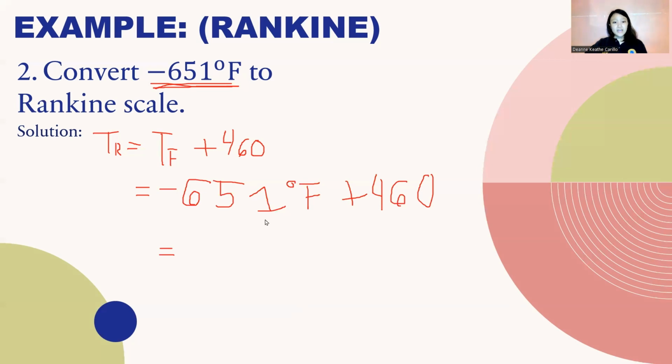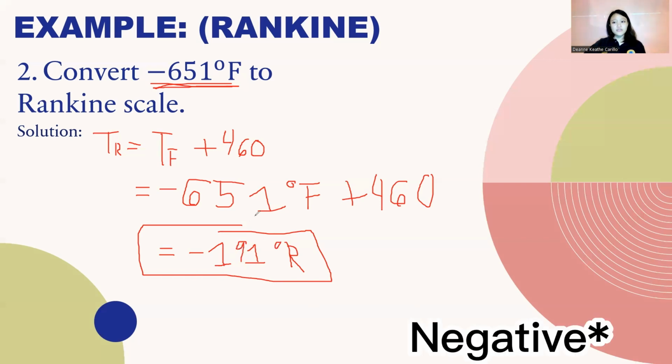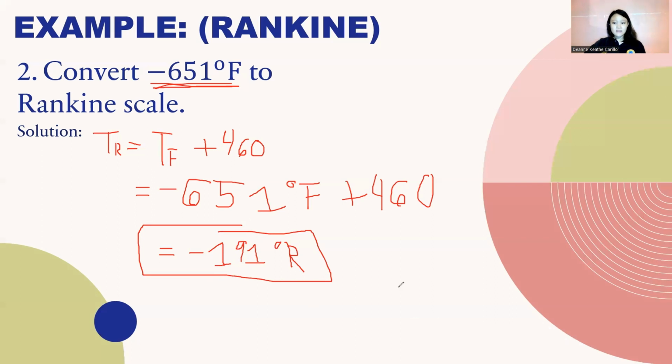And since mas higher si negative 651, siya ang susundan natin ng sign, which is negative. Negative 191. Okay, let's refresh it because it looks weird. Yan. Negative 191 degree Rankine. Now let's proceed to the next and last example of Rankine.